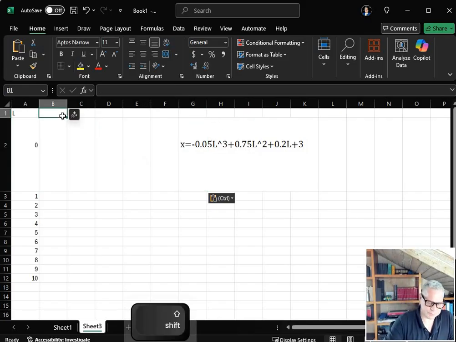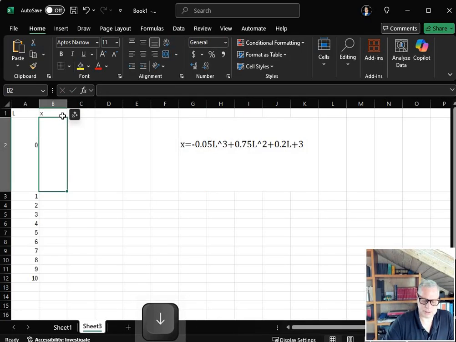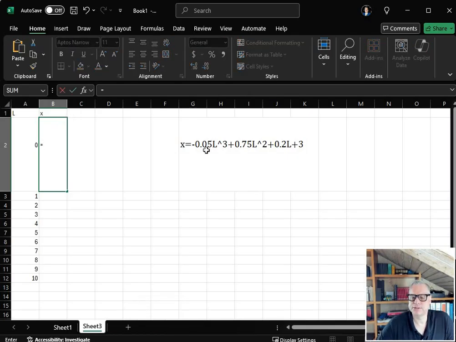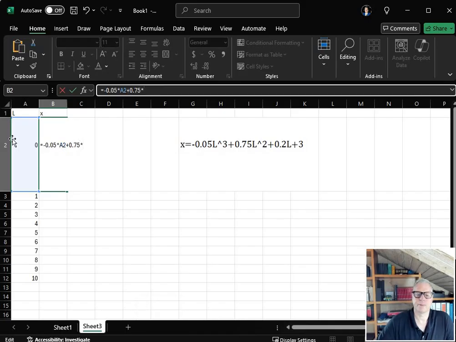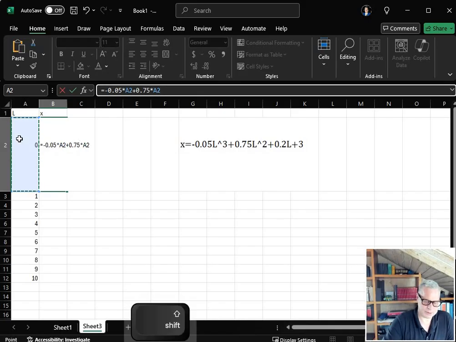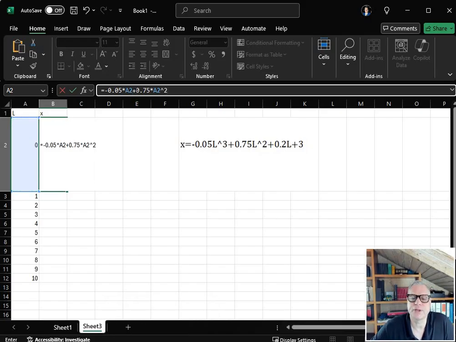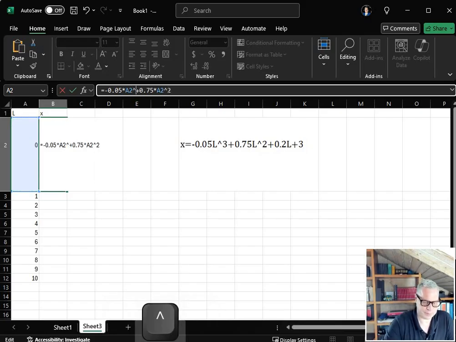Okay, so X output is equal to negative 0.05 times L, negative 0.05 times L plus 0.75 times L squared, and I just realized on the first L I forgot the cubed.